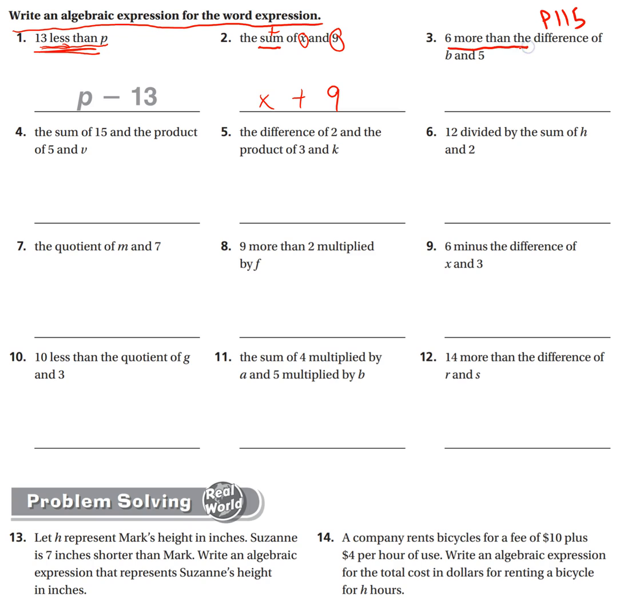6 more than the difference of b and 5. So 6 more. More means plus, difference means subtraction. What am I subtracting? B and 5. The difference, and then 6 more than that.